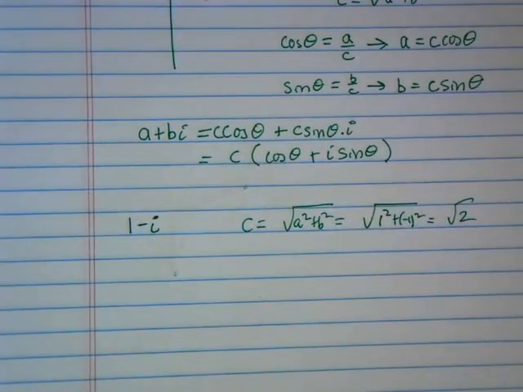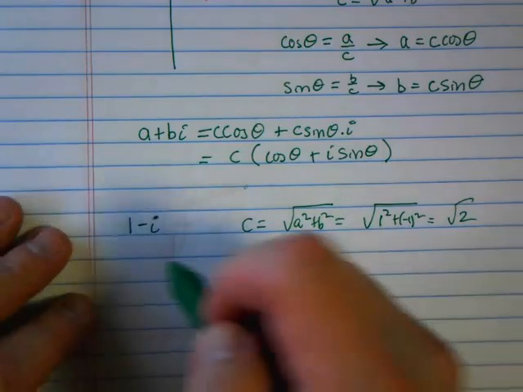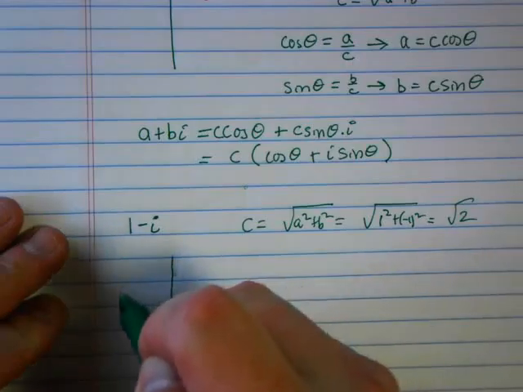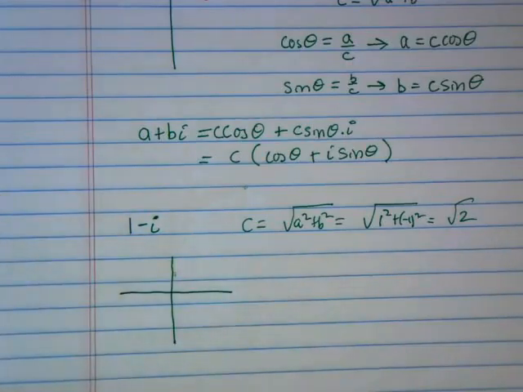All right, now how are we going to find the angle theta? Maybe it would help if we drew a picture. Where is the complex point 1 minus i? Right and down.